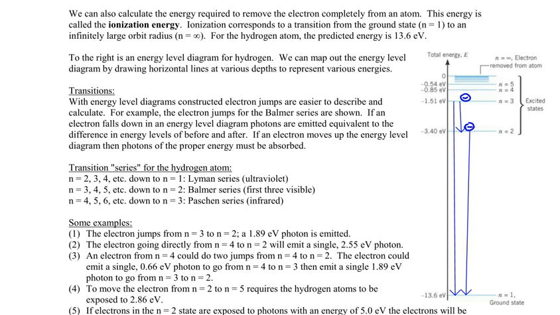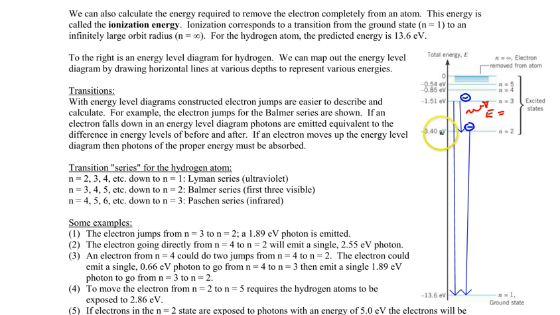To calculate the energy of the photon that is released, we need to find the energy difference between the two energy levels. So when the electron falls from a higher energy level to a lower energy level, it emits a photon, so that's my little photon here, and the energy is equal to the difference between the energies of these two levels.